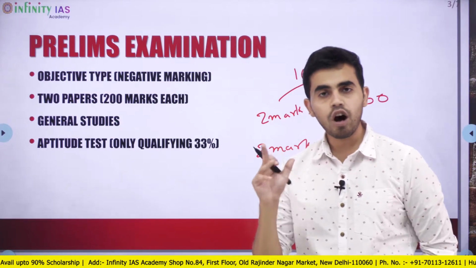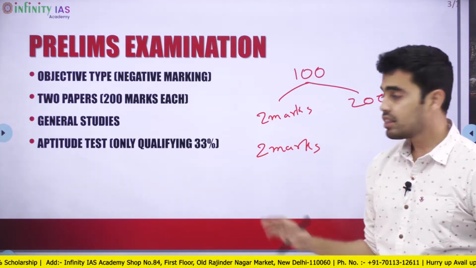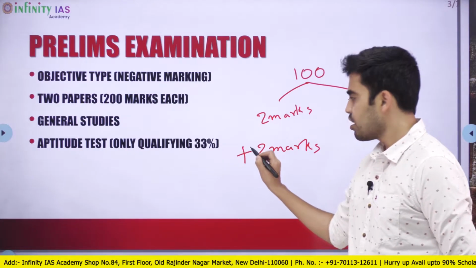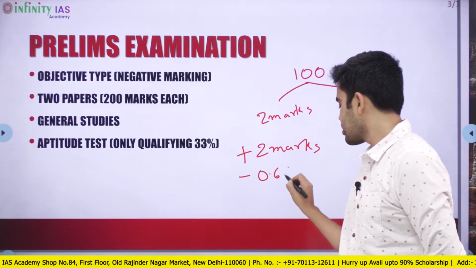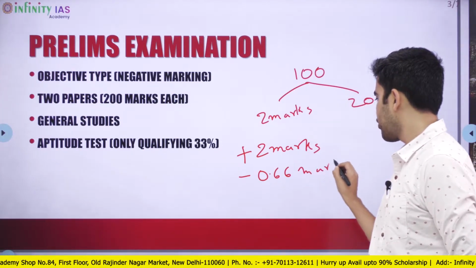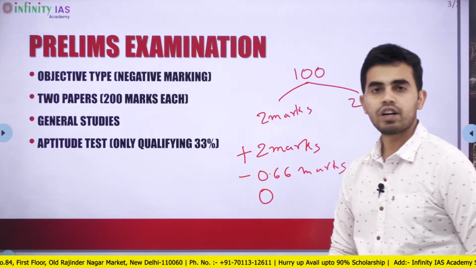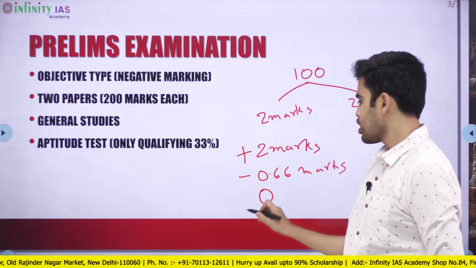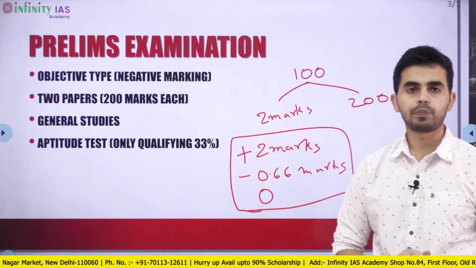And for every wrong answer, there will be a deduction of 1/3 of these marks. That means +2 for a correct answer and minus 0.66 marks for a wrong answer. No marks will be awarded if we leave the question without attempting it. So this is the scheme of the prelims examination.